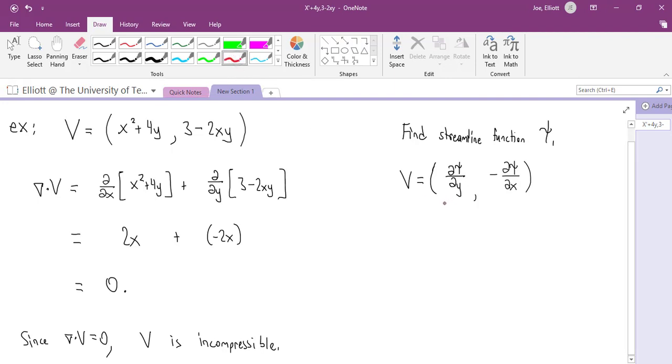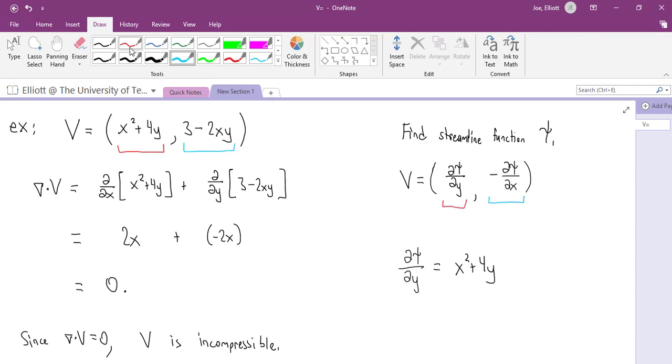So then that means the partial derivative of c with respect to y needs to be equal to x squared plus 4y. And then the negative of the partial of c with respect to x needs to equal 3 minus 2xy.